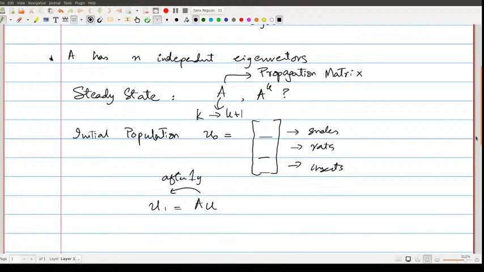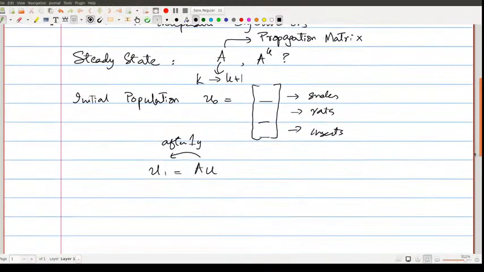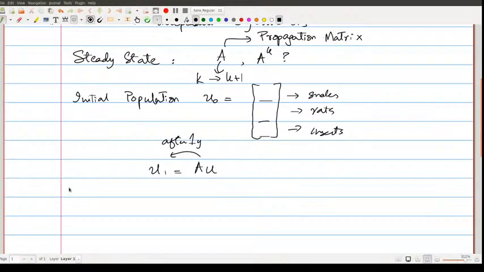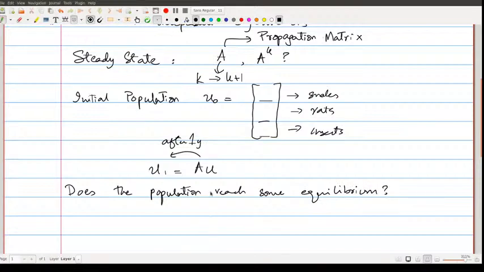And so now the question really is, does the population reach some equilibrium, right? Reach some equilibrium. So what does that mean? It means, so u1 equals A u naught can be characterized as u k plus 1 equals A times u k, right?